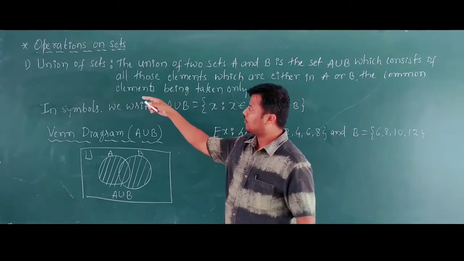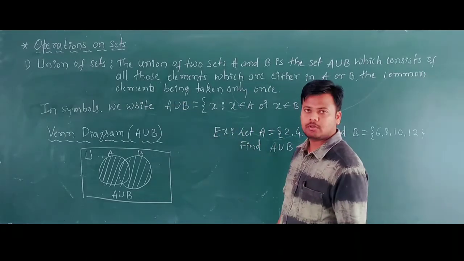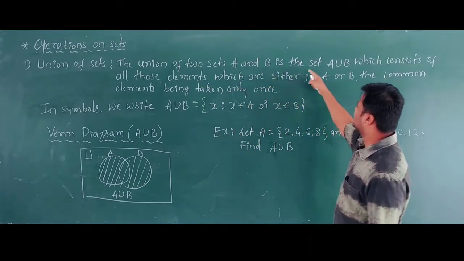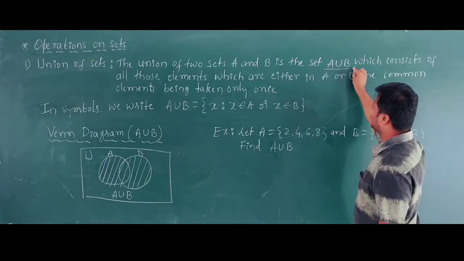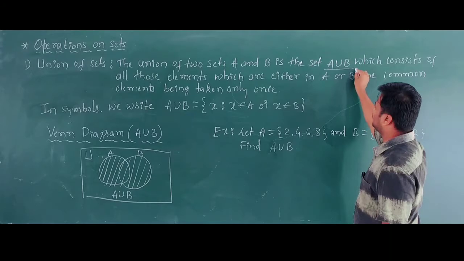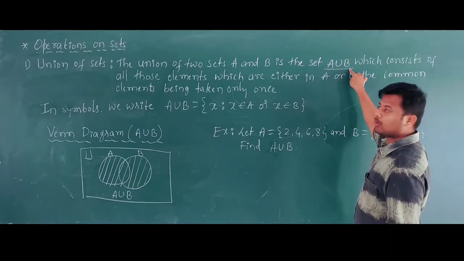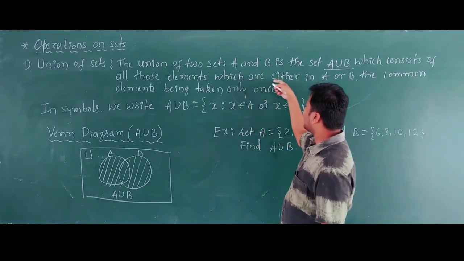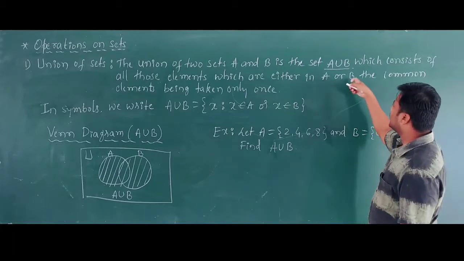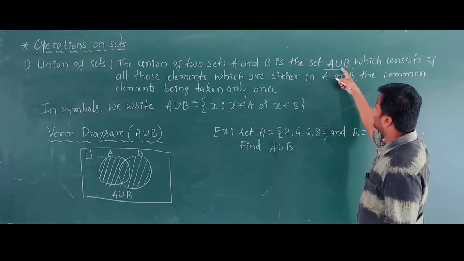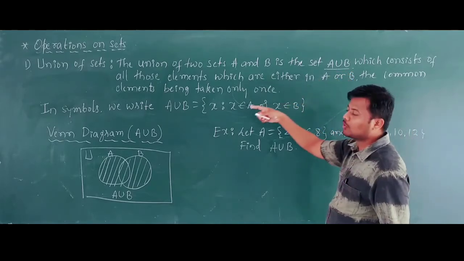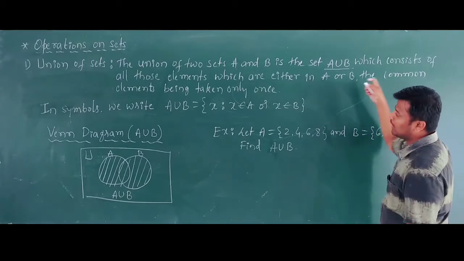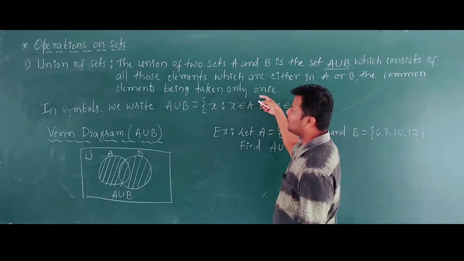Next definition for the union of sets. So what is the definition? The union of two sets A and B is the set A union B. Union of two sets A and B is given by this symbol A union B, which consists of all those elements which are either in set A or in set B, the common elements being taken only once.